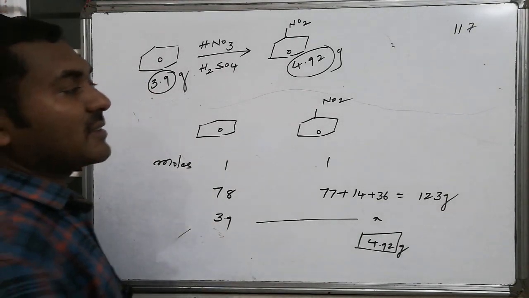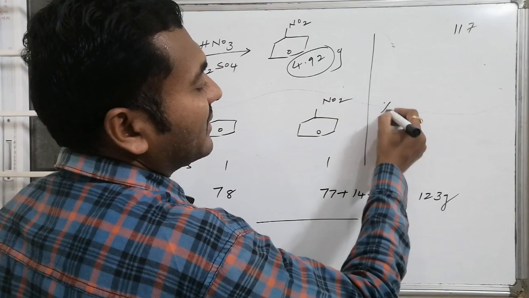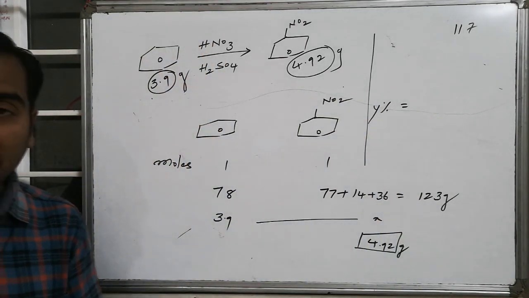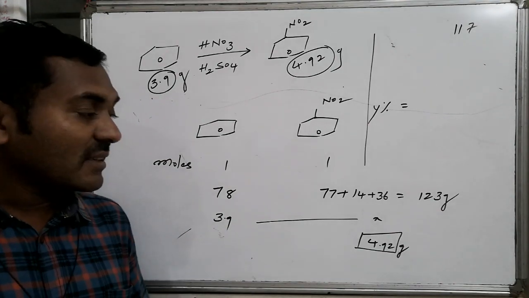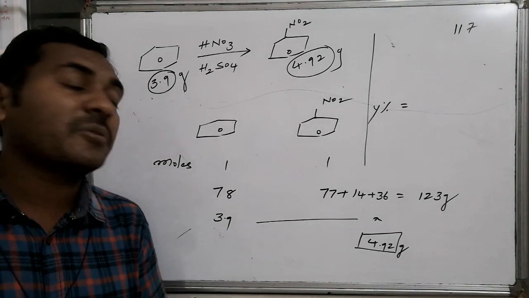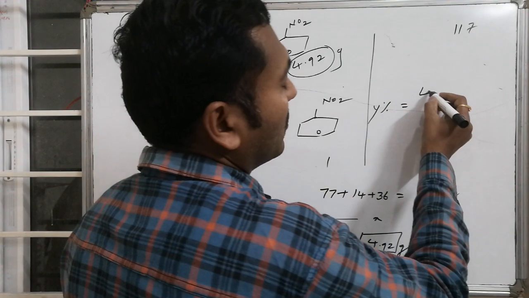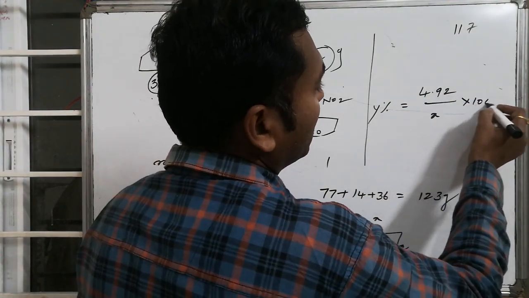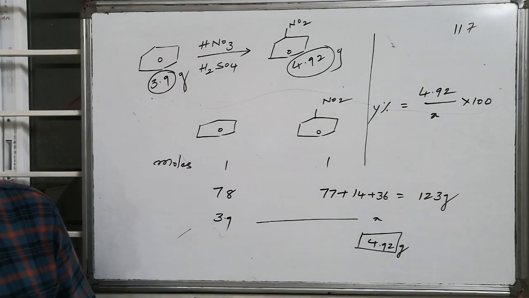Now we have to take the percentage of yield. Yield percentage is given by the practically produced amount divided by the theoretically producible amount, into 100. That is 4.92 divided by X, into 100, is known as the percentage of yield.